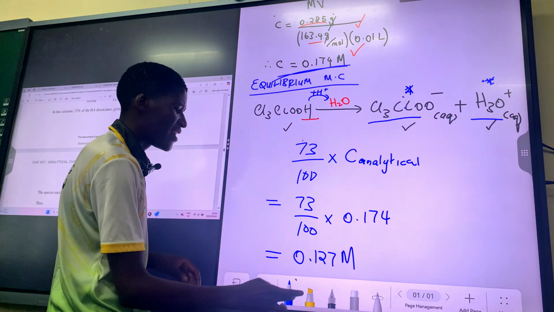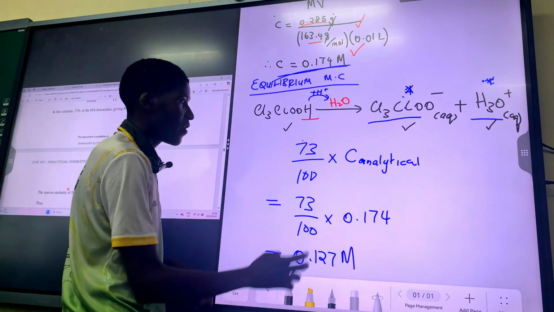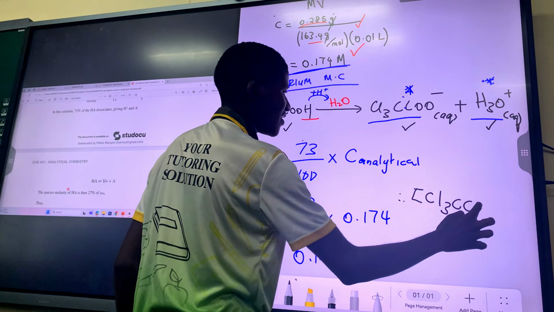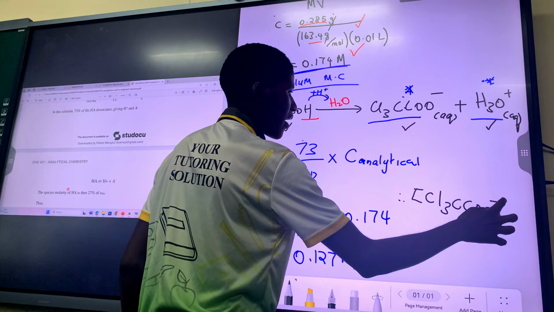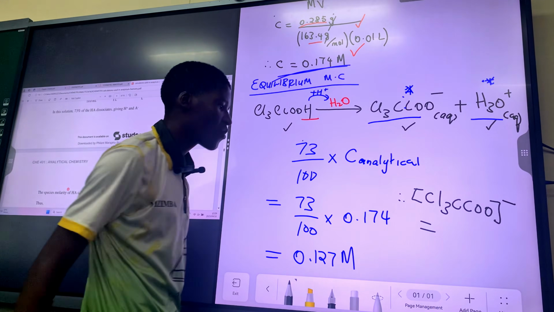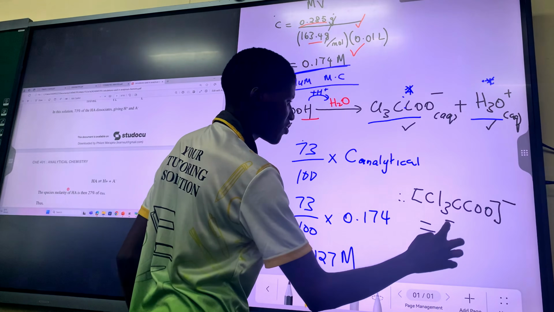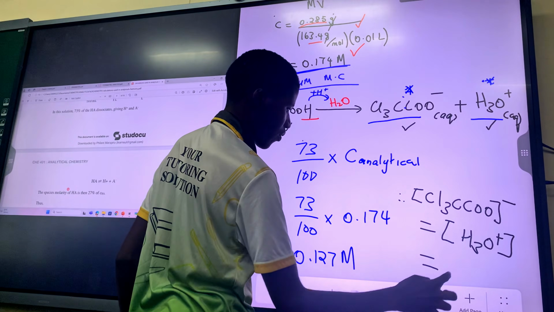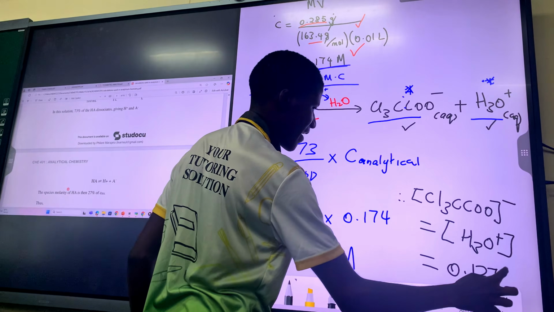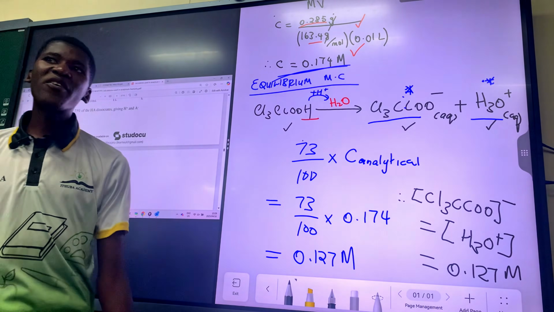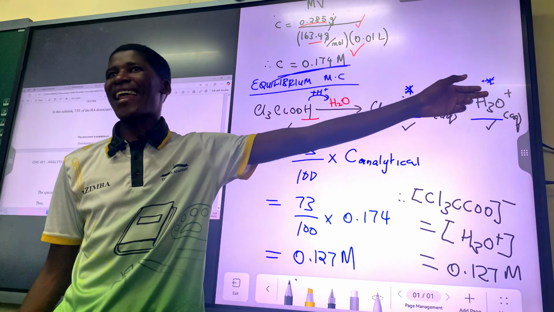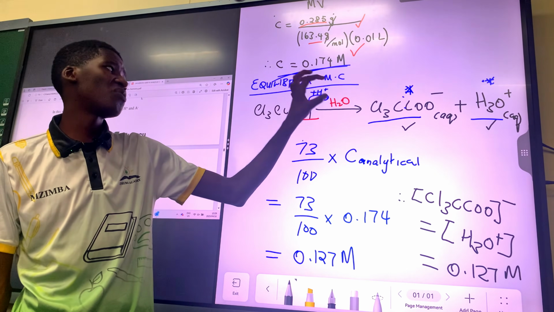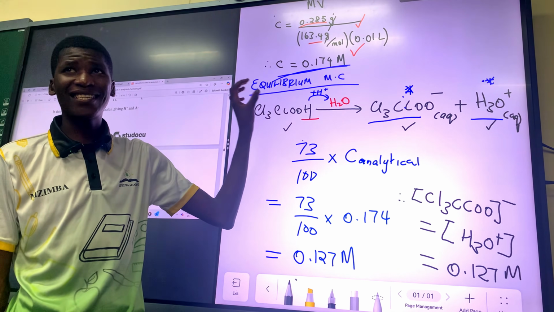So you can say the concentration of Cl3CCOO minus is actually equal to the concentration of H3O plus, which will be equal to 0.127 molar. So the concentration of each product is equal. Obviously, our products come from this combination of water and trichloroacetic acid.